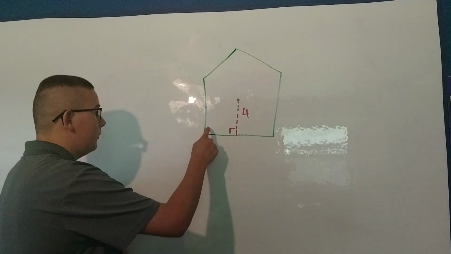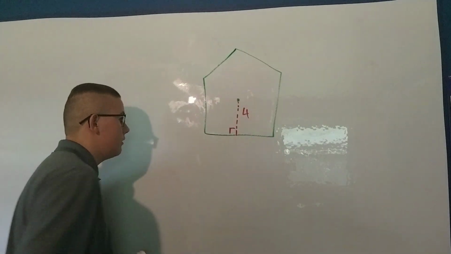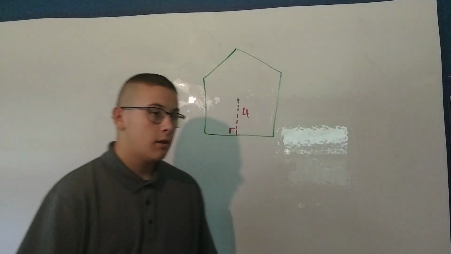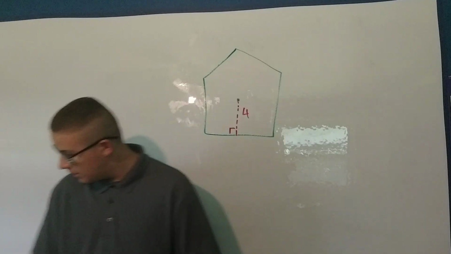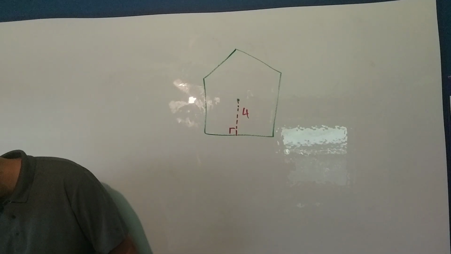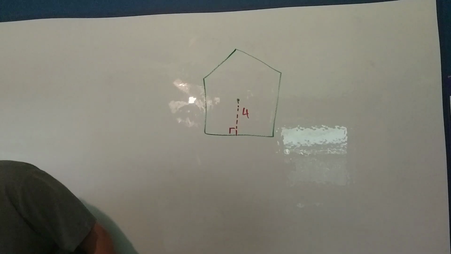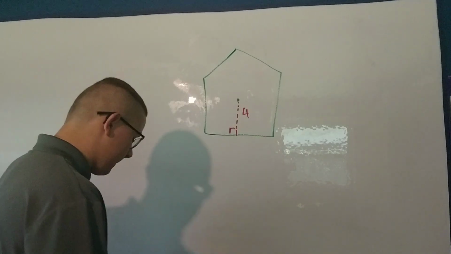So now we know that all of these angles added together is 540. So if we do 540 divided by the 5 angles we have, the angles are 108 apiece.